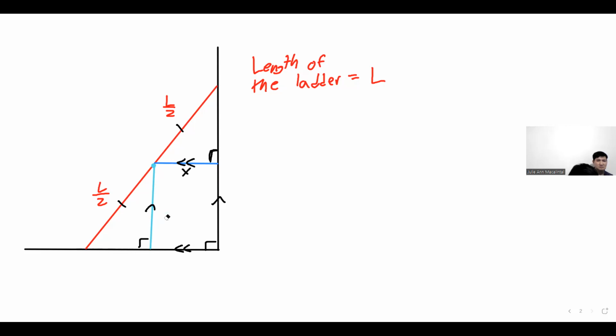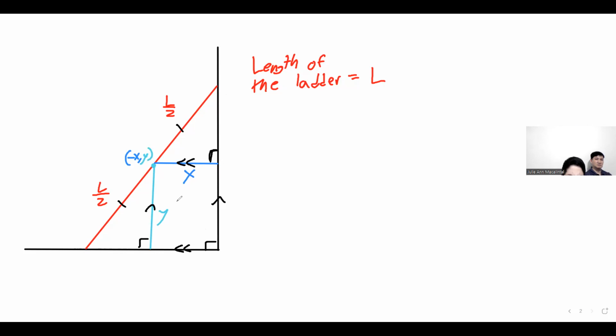I'll just use a different color. Let this be y, this be x. So if this were a Cartesian coordinate, the midpoint displacement is negative x, y.